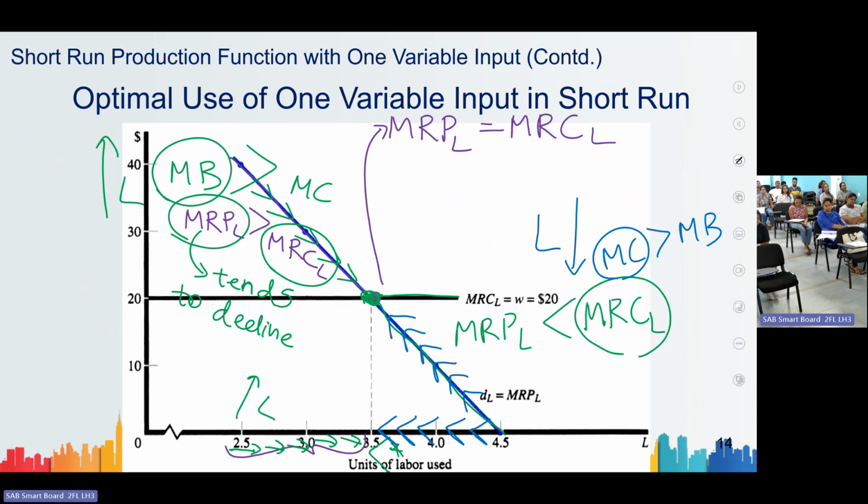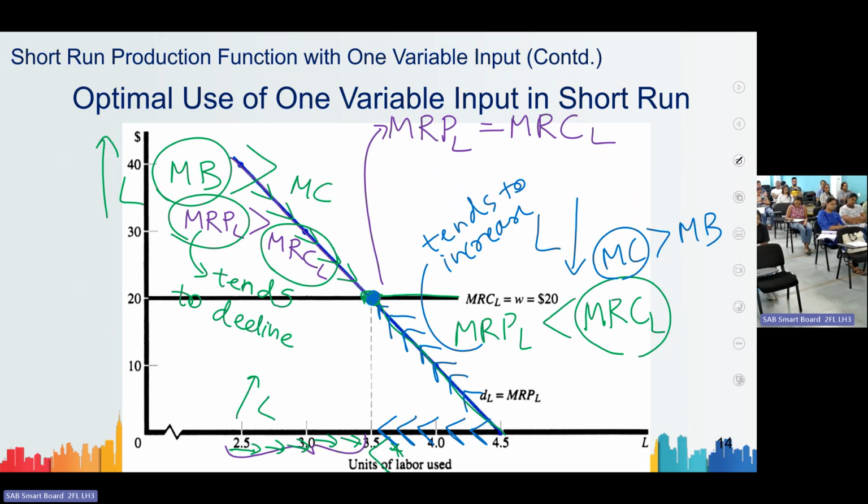It tends to increase and will reach this point where MRPL equals MRCL.